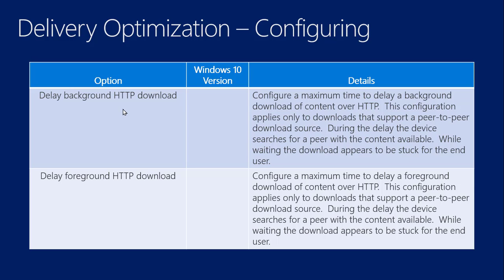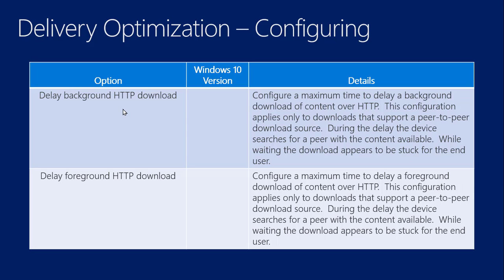What this means at the end of the day is you're defining in these settings how long your device will attempt to find a peer before it directly starts a download from the content source location. So the idea is to try to optimize the content delivery from delivery optimization, but to allow that fallback to a normal source if you need to allow that fallback.